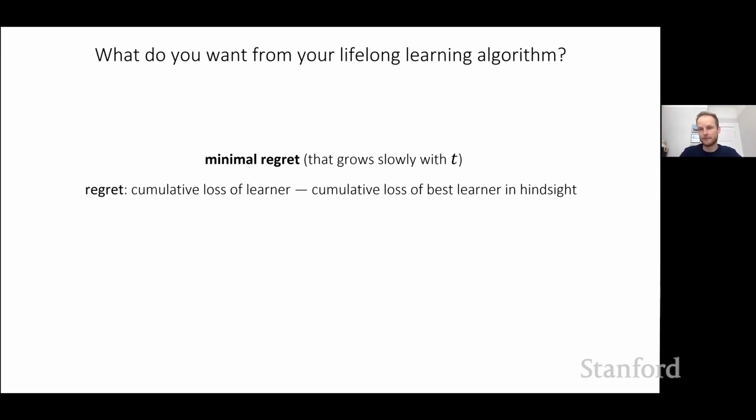in hindsight. So this is very similar to what group 2 was proposing, where you can see how well your learner is doing at each task as the tasks come, and then compare it to the cumulative loss of the best learner in hindsight that would have had access to all of the tasks all at once. So mathematically, you can define it as, actually, I can just get the pen. Right.